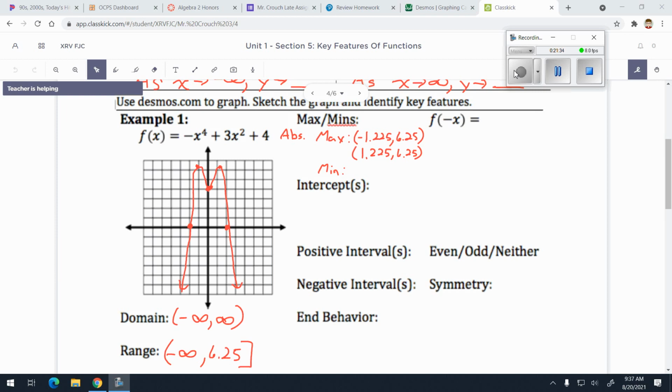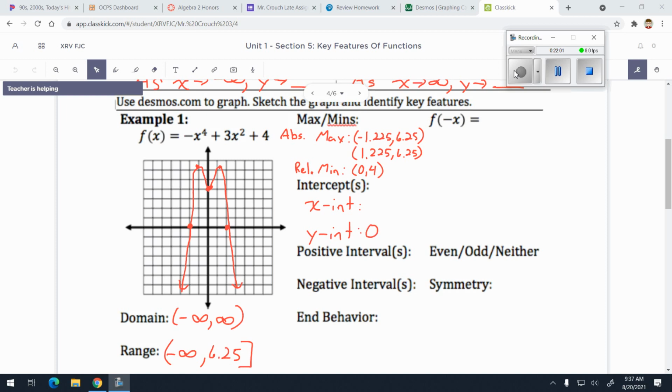Okay, you do have a minimum. It is the y-intercept, 0, 4. Is that relative or absolute? That is relative because there are smaller values in this graph, but it is the minimum on the points around it. Okay, we already talked about 0, 4 is your y-intercept.